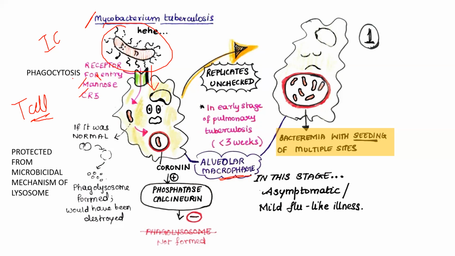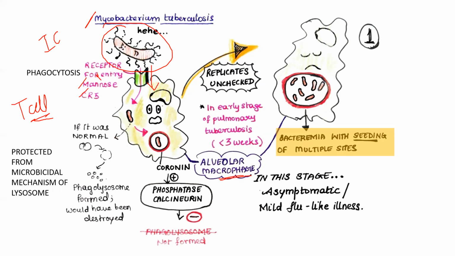Phagocytosis, yes, we know that macrophages are the principal cells involved in phagocytosis. How do they bring this about? By recognition, engulfment, fusion, killing, or degradation. These are the steps involved in phagocytosis, which is altogether a different topic.